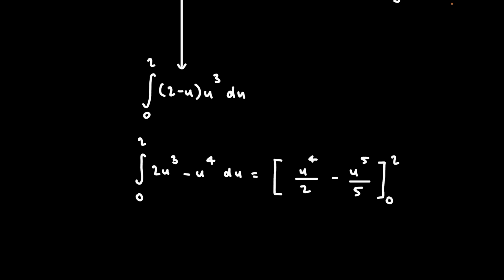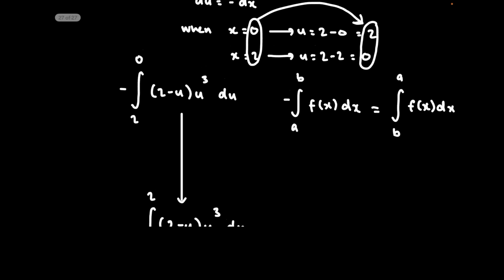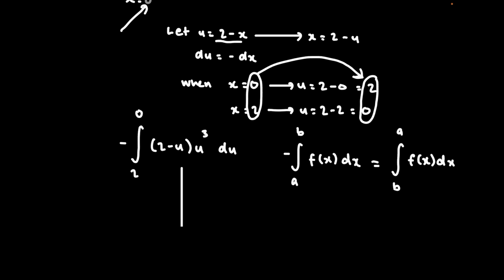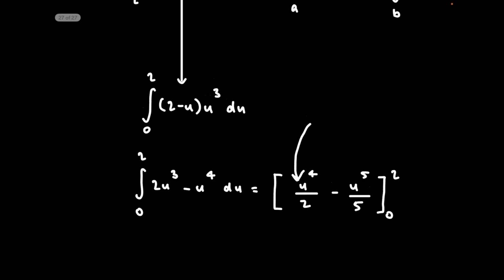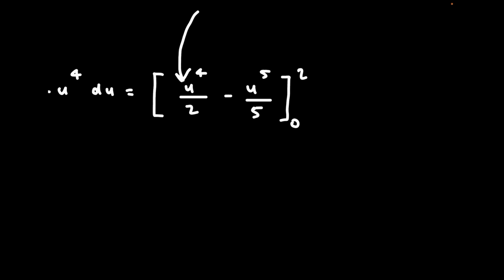Now, in this case we do not need to replace the u with whatever it was in terms of x. We do not need to replace it with 2 take x. The reason for that is it's a definite integral. This definite integral will enable us to get a number, a constant.